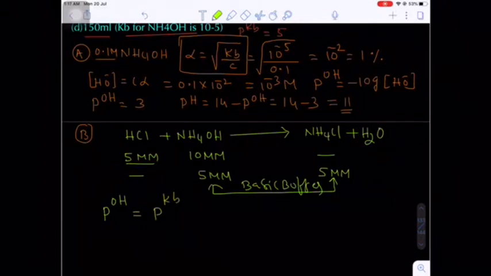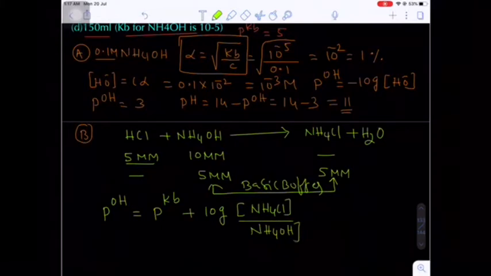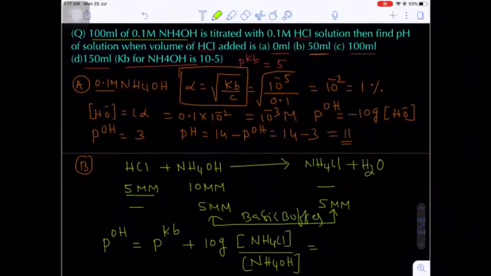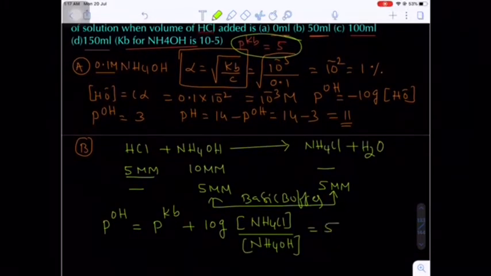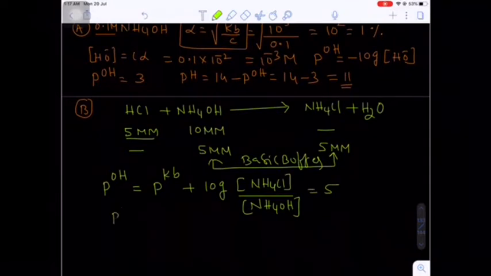That is pOH is equal to pKb plus log of salt concentration upon base concentration. Here the salt concentration and base concentration are both 5 millimoles, so they will cancel. So log 1 becomes 0.